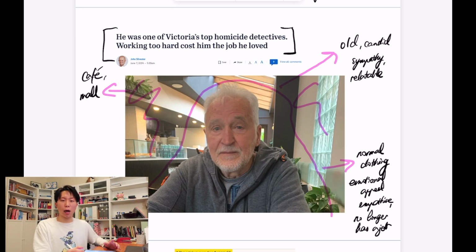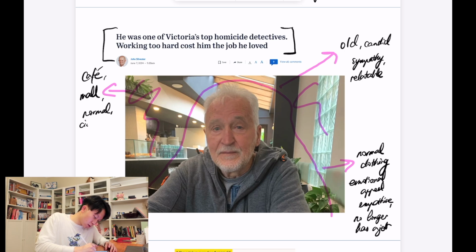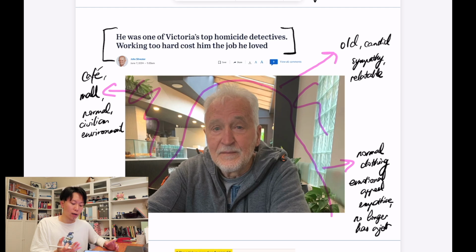Well, I think it normalizes the situation, makes him seem like an everyday person you might meet, like a very normal everyday citizen, like someone's father or someone's grandpa. And that helps the argument's case to draw sympathy for him. So the very normal civilian environment. My student picked out as well that maybe that's also to show that he no longer has a job.